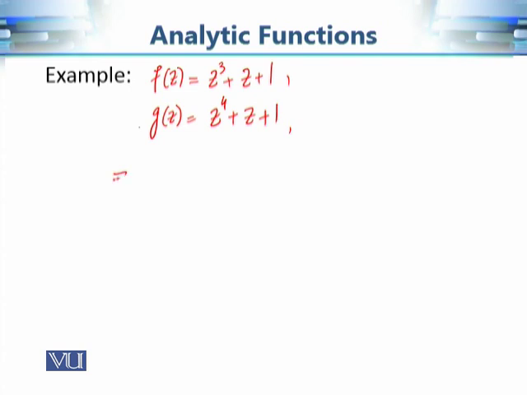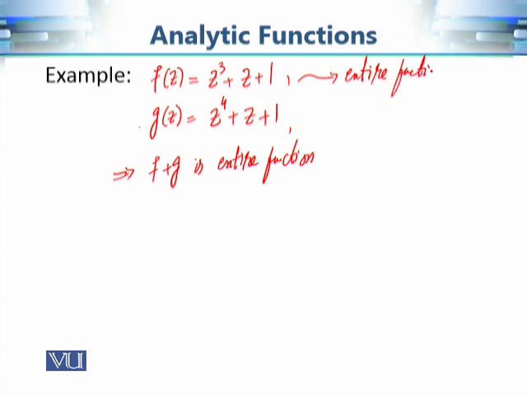So this implies that f plus g, which is a new function, is an entire function. Since we know that this f of z is an entire function being a polynomial, and this function g of z is also an entire function being a polynomial.